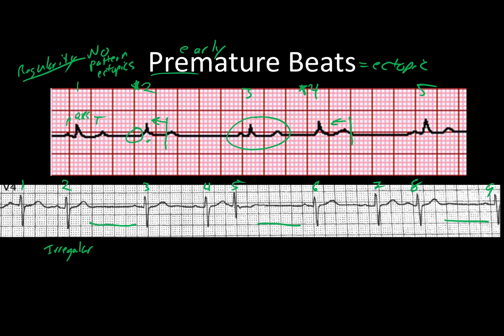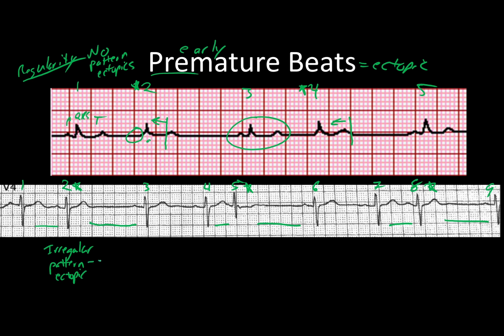And then if you take another moment and look, you'll see that this is extremely narrow by comparison to those other ones. So your best estimate would be that 2, 5, and 8 are your early beats, and that the rest of them are actually spaced out pretty well. Because if you just moved 2, 5, and 8 over a little bit to the right, it would balance things out. So we'll say that there is a pattern, and there are ectopics.